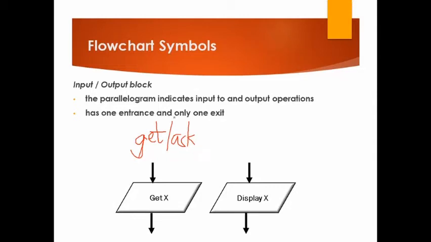Of course, you need to ask input from the user. For output, you can use display or other synonyms for display. For example, we can also use show, like that. Okay, please take note of that.